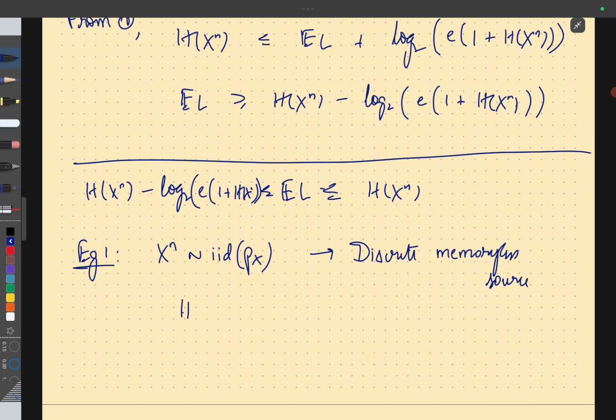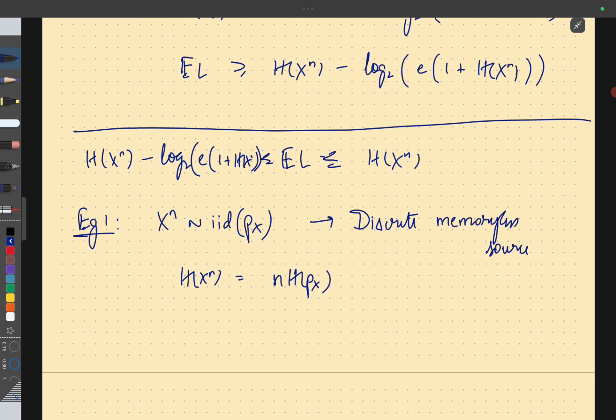What is H(X^n) equal to? Using the chain rule and independence, you get it's equal to the sum from i equals 1 to n of H(X_i), but that is equal to n times the entropy H(P_X). Okay, that's good.